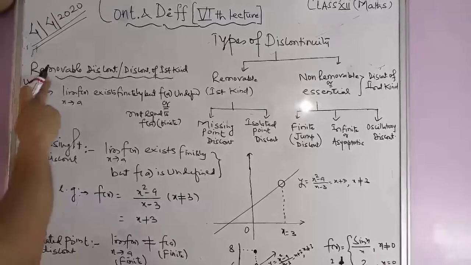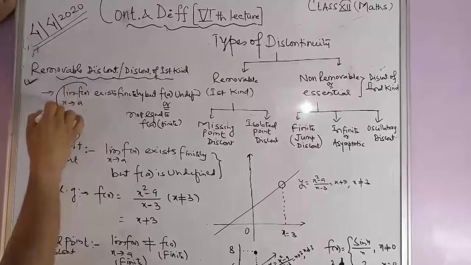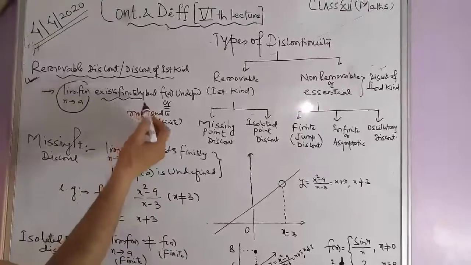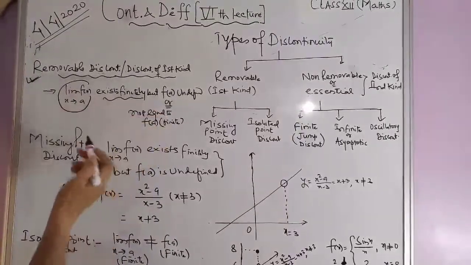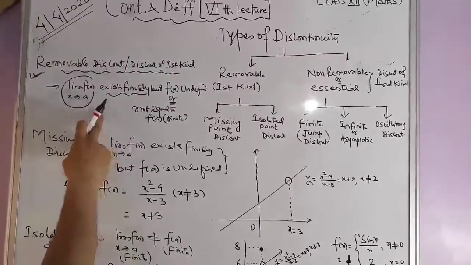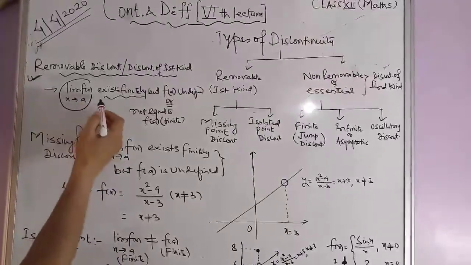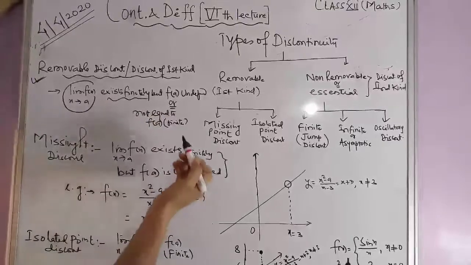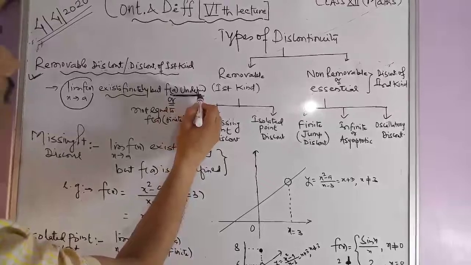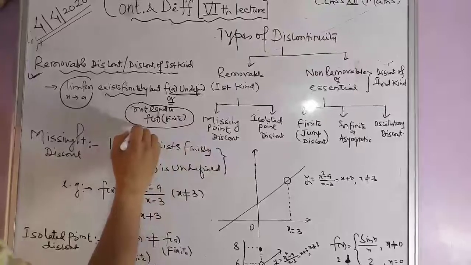First we define removable discontinuity. Limit of f(x) at a point x equal to a exists finitely. We know continuity of a function at a point x equal to a requires limiting value equal to functional value at a, and both are unique definite real numbers. Here, limit of f(x) at x equal to a exists finitely, but either f(a), the value of the function at point a, is undefined, or the limit is not equal to f(a).